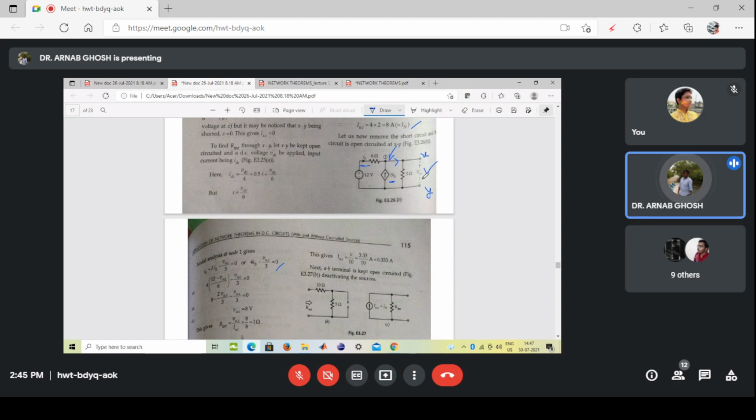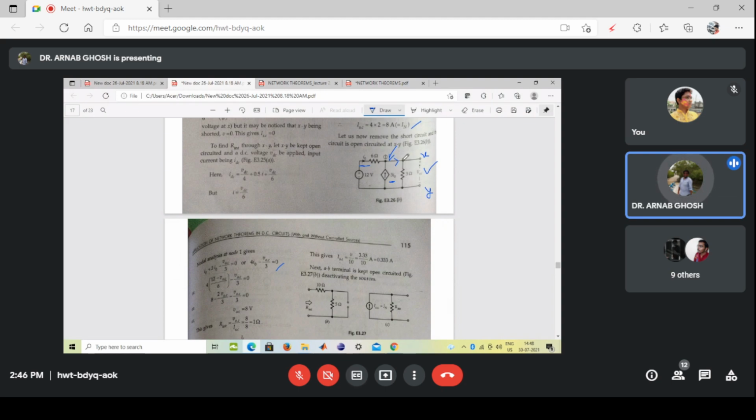The voltage across this 3 ohm resistance will be VOC, and the voltage across this branch will also be VOC. Across parallel branches the voltage remains equal. So if this is VOC, the voltage across this will also be VOC.